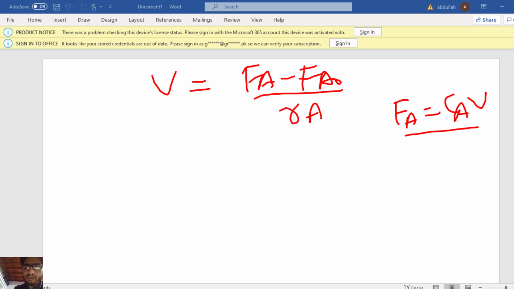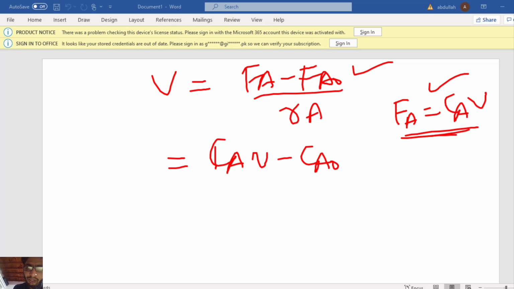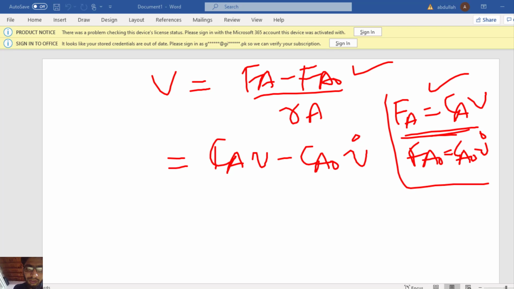Now we can put this equation into the previous equation, so it can be written as CA0 times the inlet volumetric flow rate minus CA times the exit volumetric flow rate, divided by the exit rate of reactant A, which is equal to the volume of the CSTR.